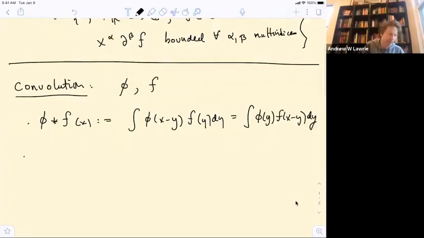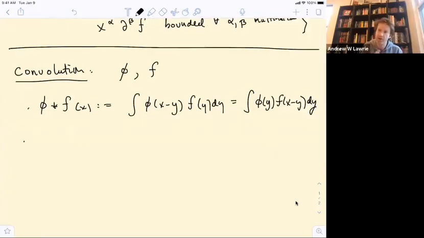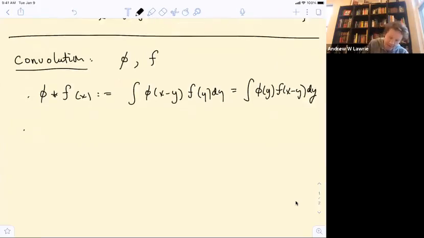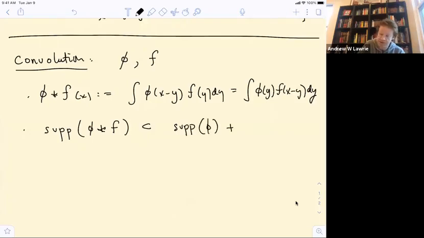So a couple of facts I don't think I've expressed before. I'm going to try and clarify when convolution makes sense, and a couple other facts about it. So one is, what's the support of the convolution of two functions? One fact is that it's contained in the support of phi plus the support of f. So think of two compactly supported functions, convolving them together.